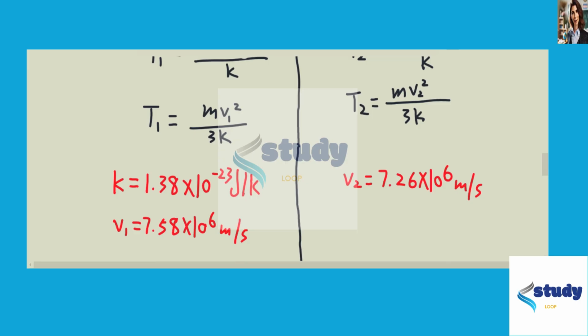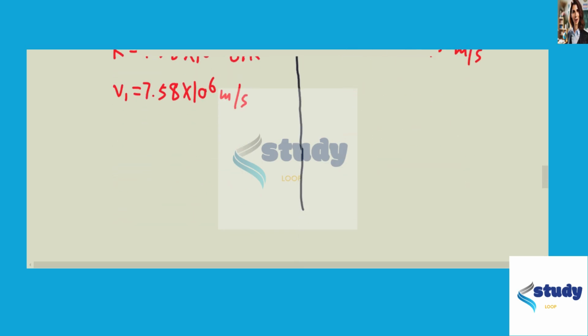The Boltzmann constant is 1.38 times 10 to the power negative 23 Joule per Kelvin, and v1 we already know from the first question is 7.58 times 10 to the power 6 meters per second. So we can determine the absolute temperature for case 1.